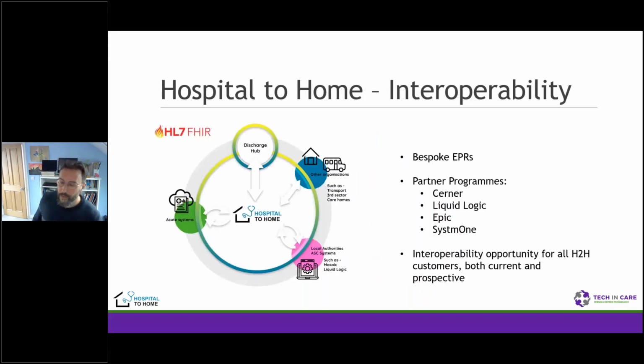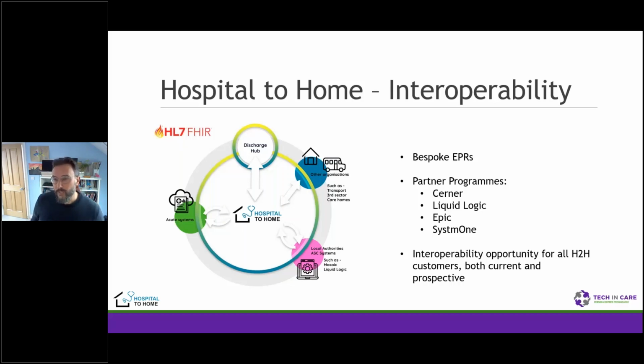The other piece of work that we're currently undergoing, again with the UKRI funding, is really looking to address as holistically as possible the issue of interoperability, which is a big issue for everybody involved in digital health right now.